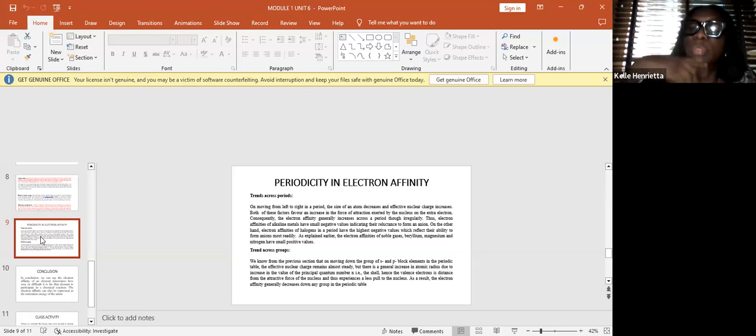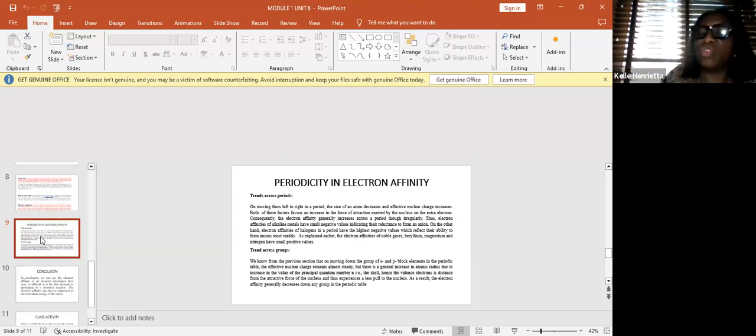While down the group, atomic radius increases and nuclear charge decreases, as I've already explained. Then the nuclear charge is less on the incoming electron to attract it and for it to remain in the valence shell or orbital.